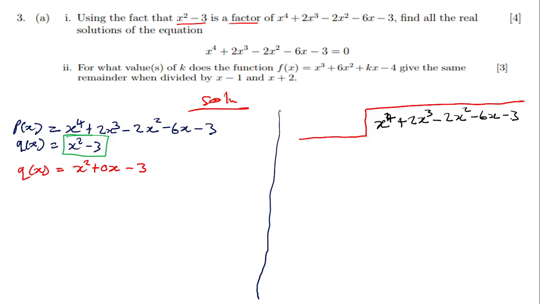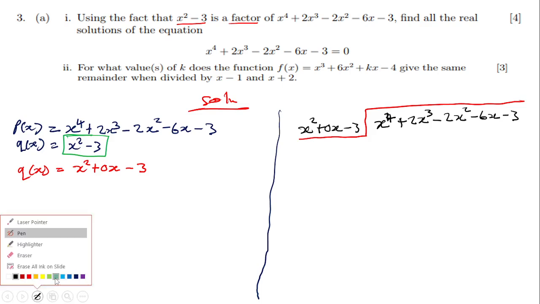And then inside there, instead of writing what is in the question, because there is 1 degree which is missing, I'm going to write the guy in red. I'll say x squared plus 0x minus 3. Then once I have that, I can easily work out my math.